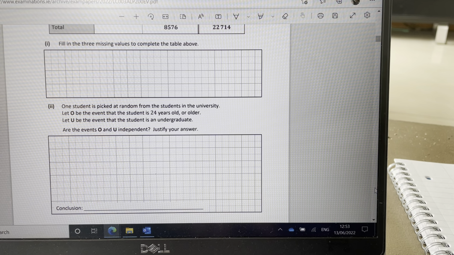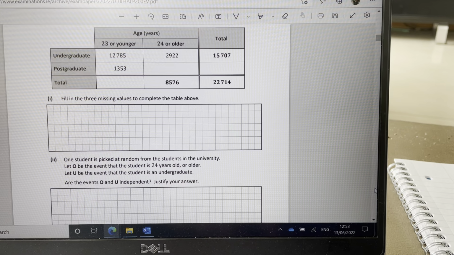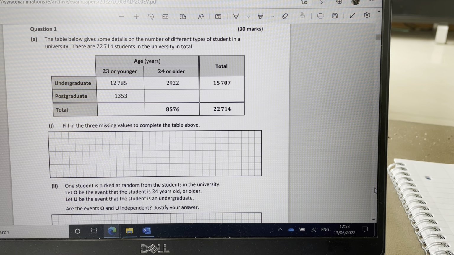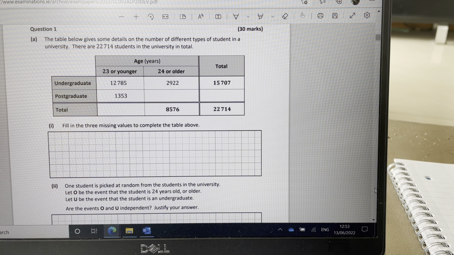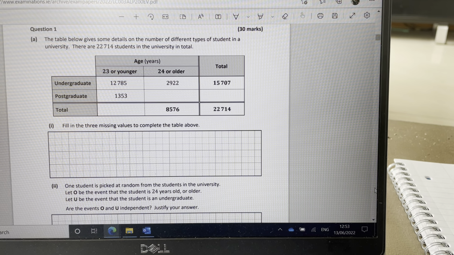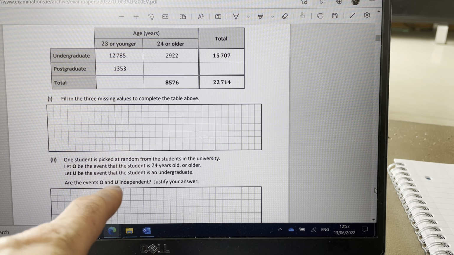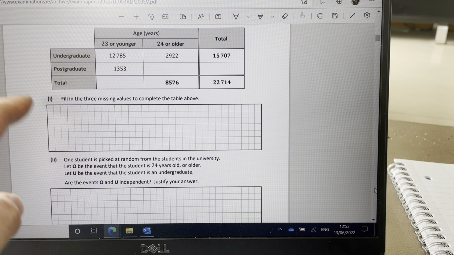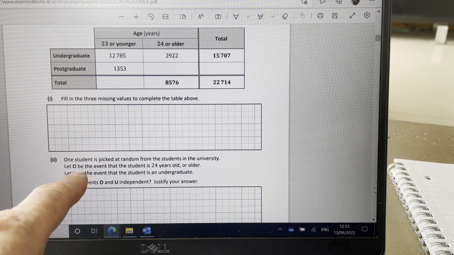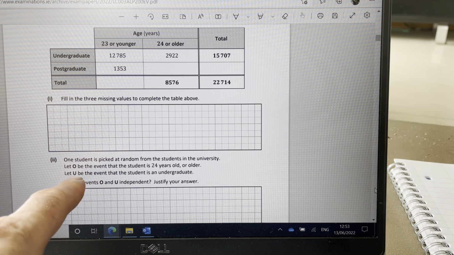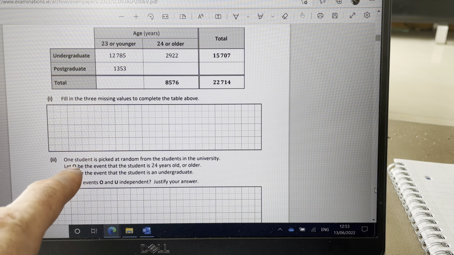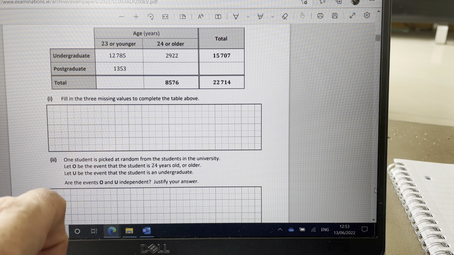A student is picked randomly. Are the events O and U independent? Okay, that's a nice one, and that's something that I predicted, because I focused on dependence and independence over the weekend. So if they're independent, you'll have to work out the probability of O, the probability of U, and then the probability of O given that U has happened.